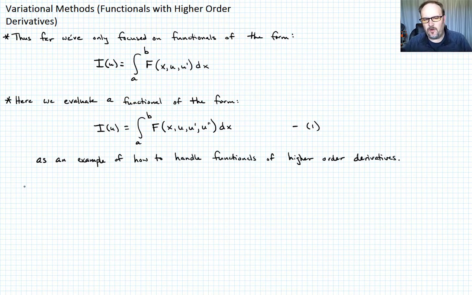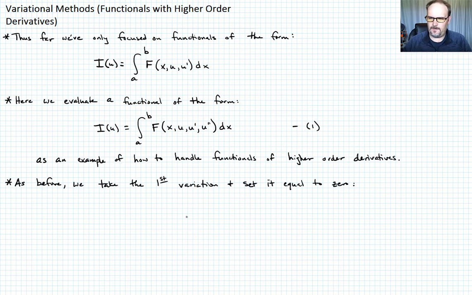As before, we're going to carry out the first variation and set it equal to 0. So we would write delta I is equal to 0, and when we look at equation 1 and find out what delta I is, we'll see that it's the integral from a to b. Remember, there's no such thing as delta x. There's no variation in x. We're only looking at variations in u.